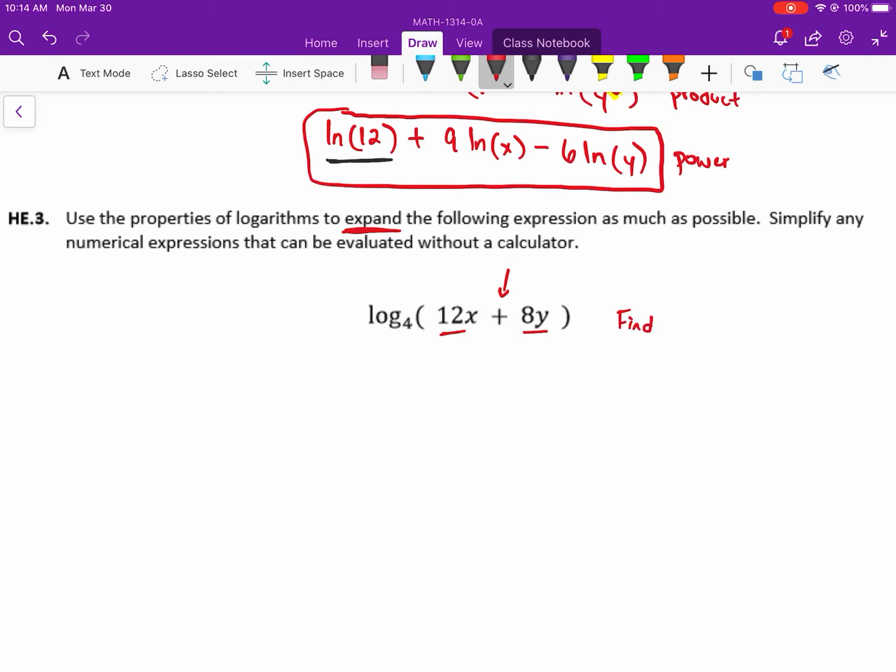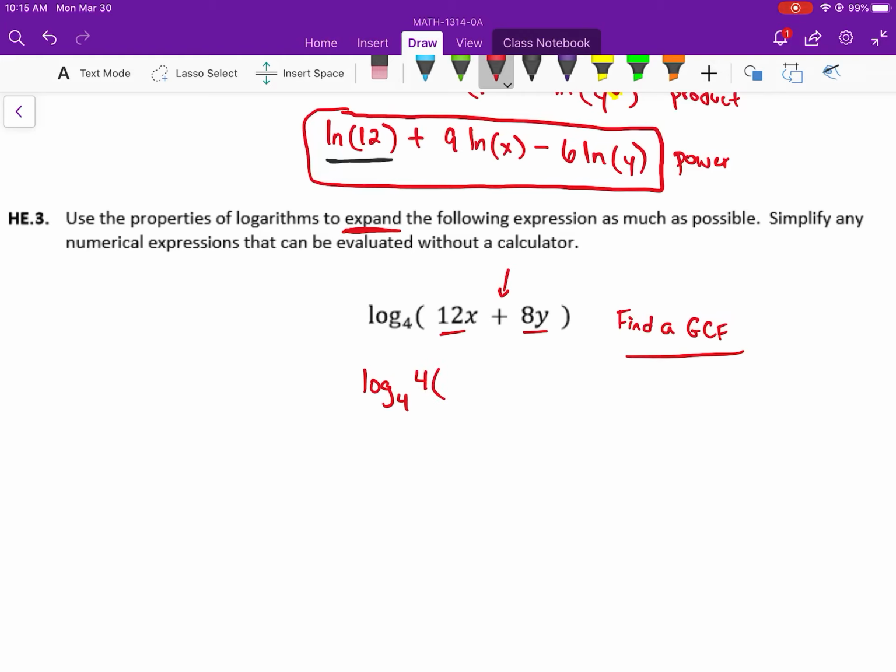It kind of throws us off here a little bit, okay? So what we need to do is find a GCF, greatest common factor. We see there's a single x and a single y, so there's no GCF for the variables, but for the 8 and the 12, my GCF looks like it would be 4.